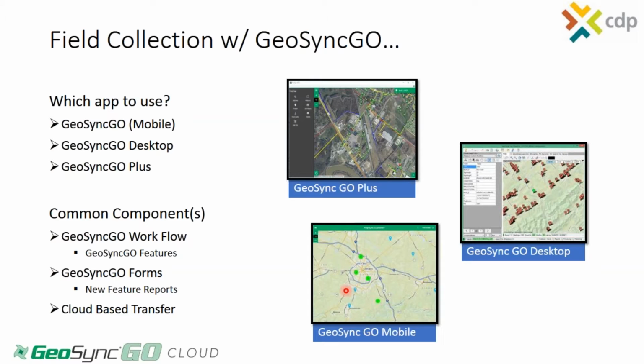The forms we fill out, basically our data dictionary, if you will, and the fact that it is all cloud-based transfer. In all of these cases, the data will end up in our workflow database, whether it be, in this case, what we're looking at, a web-hosted database. So use all three applications, and the data ends up in the master GeoSync GO workflow database.